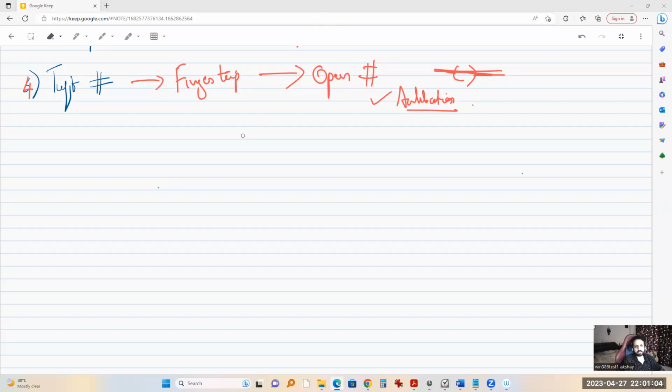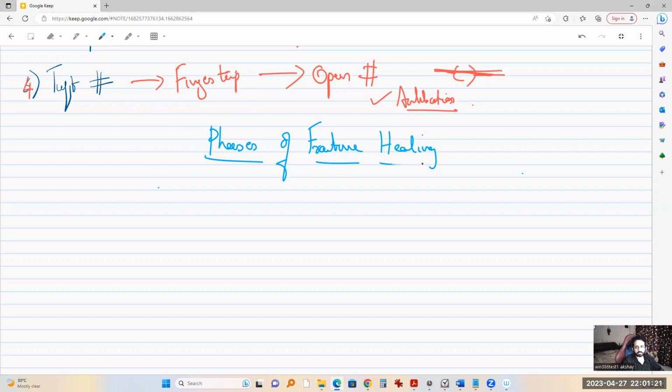So now let's see about different phases of fracture healing. If you ask a physiology PhD or a student, they'll tell you there are three stages.